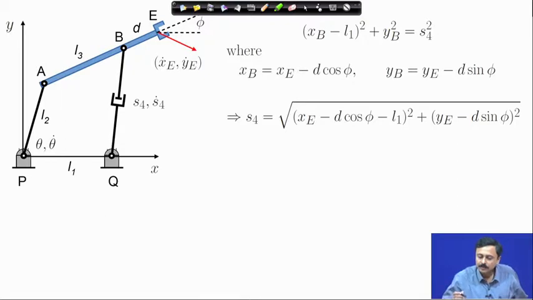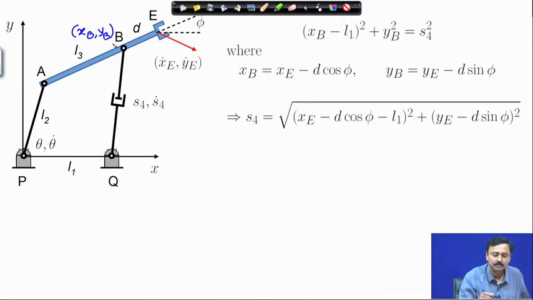Now, from the previous expressions, if you look at the coordinates of point B, xb and yb, the distance between B and Q is nothing but S4.